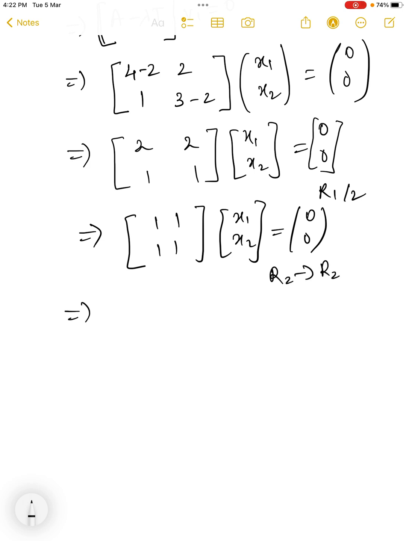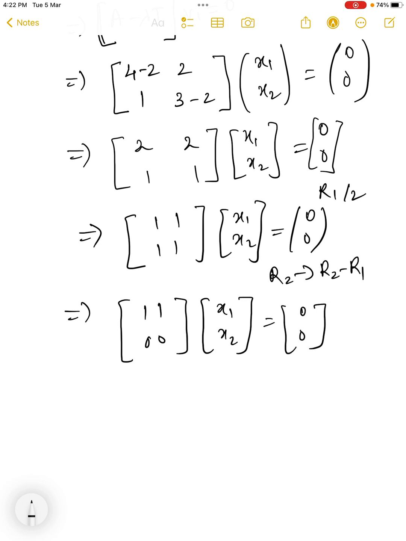Then R2 minus R1 gives [1 1; 0 0] times [x1, x2] equal to [0, 0]. Now we multiply this row with the column [x1, x2] and we get the equation x1 plus x2 equal to 0, or we can write x1 equal to minus x2.